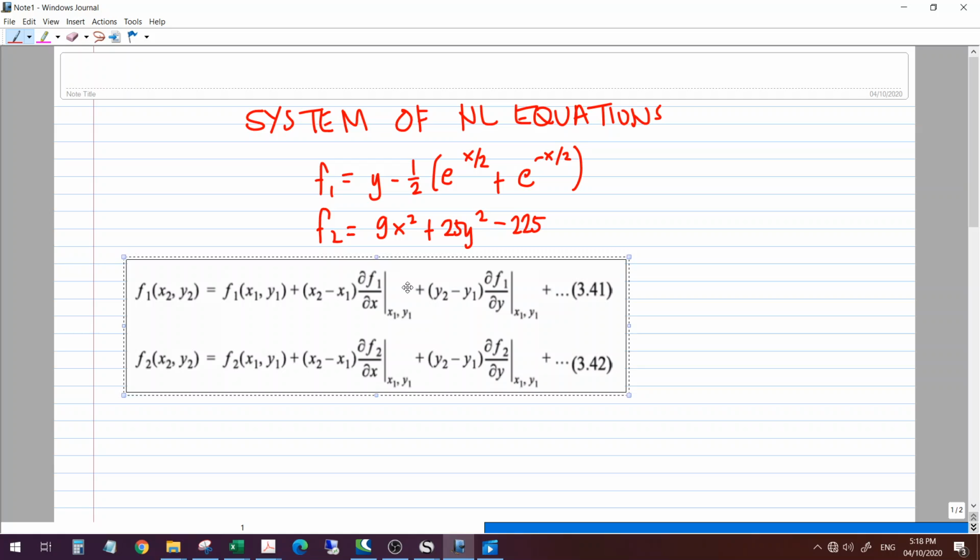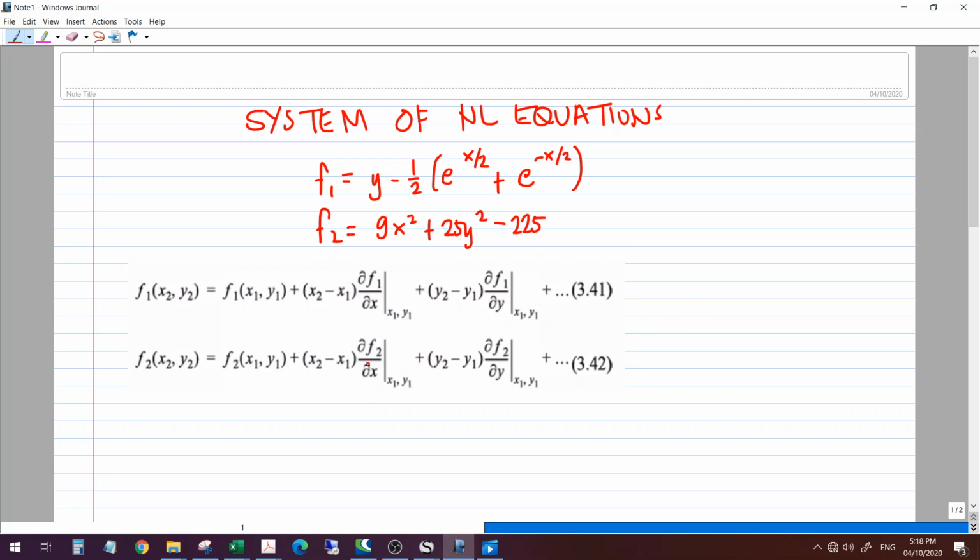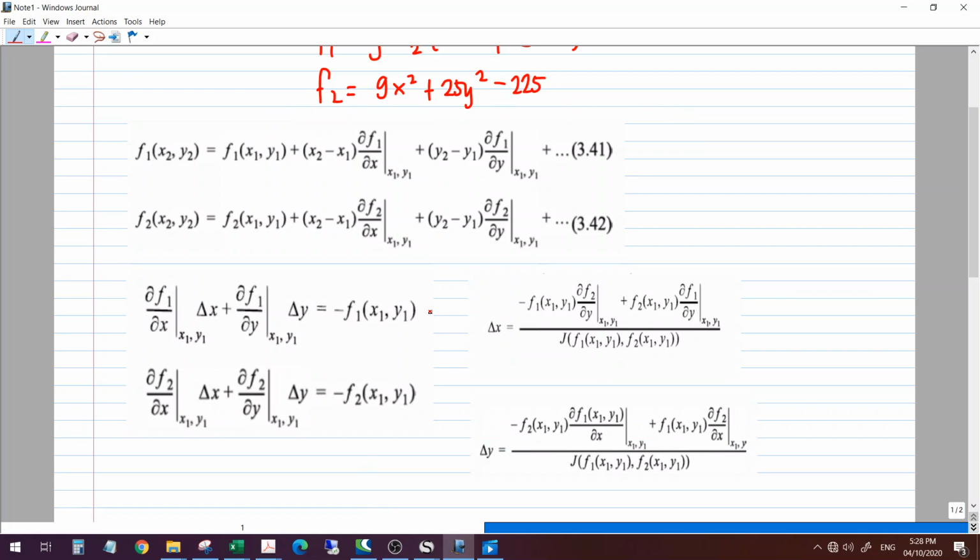In this case, since we have two variables, this is the Taylor series expansion.